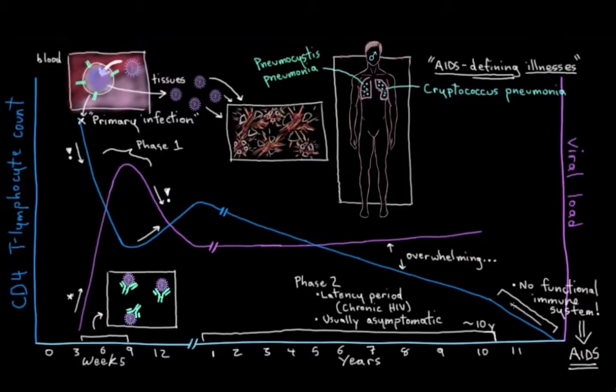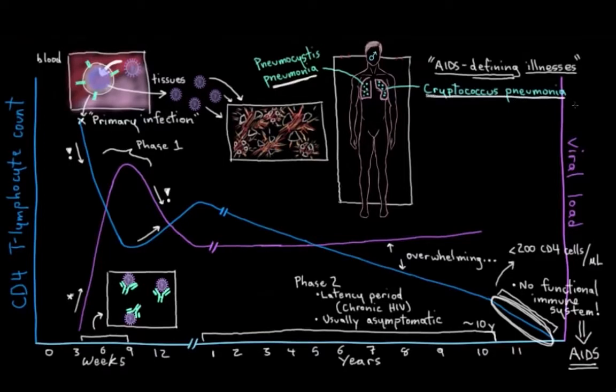Either they have to have extremely low amounts of CD4 cells in their blood, and to get a little bit technical here, it's if they have less than 200 CD4 cells per microliter of blood. The normal CD4 count in this amount of blood should be around 1,000 to 1,100 CD4 cells. Or, regardless of CD4 count, if they have any of the AIDS-defining illnesses, like either of these, for example, then we can say that they have developed AIDS.